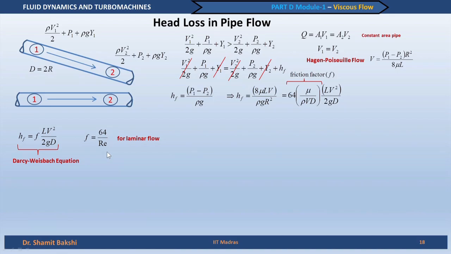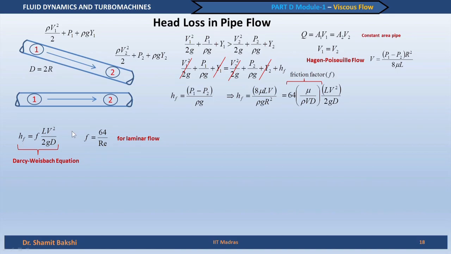Higher Reynolds number, higher flow rate, generally speaking higher velocity. So, for that you will have a lower value of friction factor, but of course more head loss, because this head loss is proportional to V square, and this Reynolds number has rho Vd.